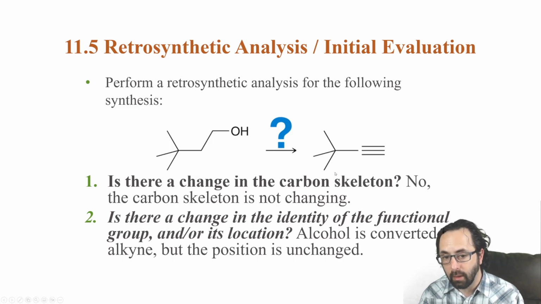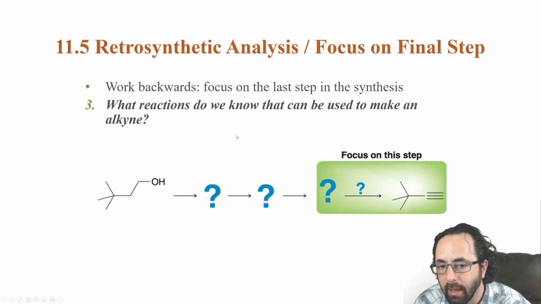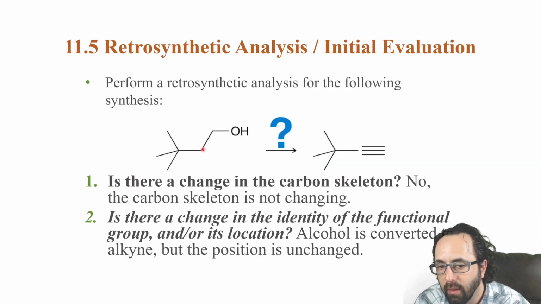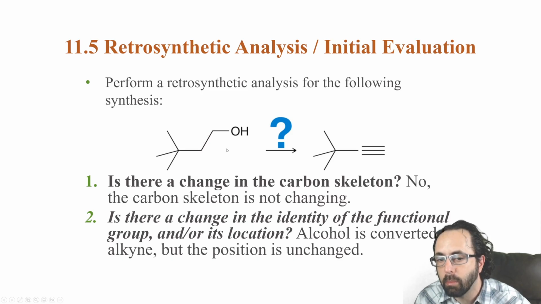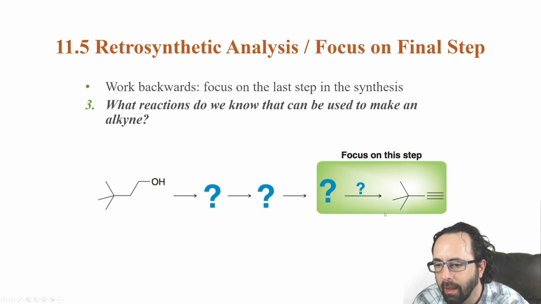Well, absolutely, right? Basically, we're going to remove this OH here, and we're going to turn this area here into a triple bond, right? So we have to think, what are the steps we're going to have to take to get ultimately to the end here?